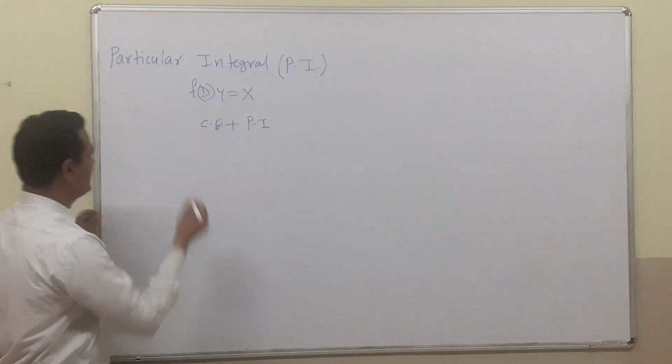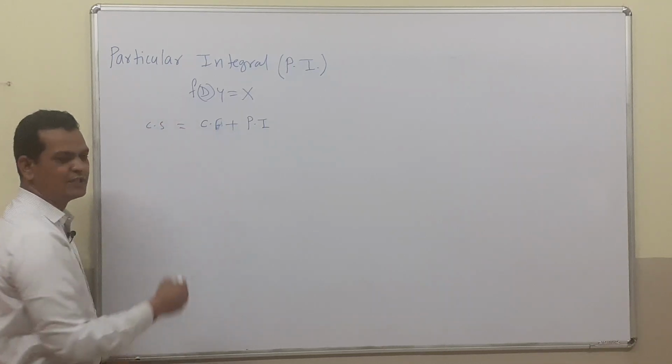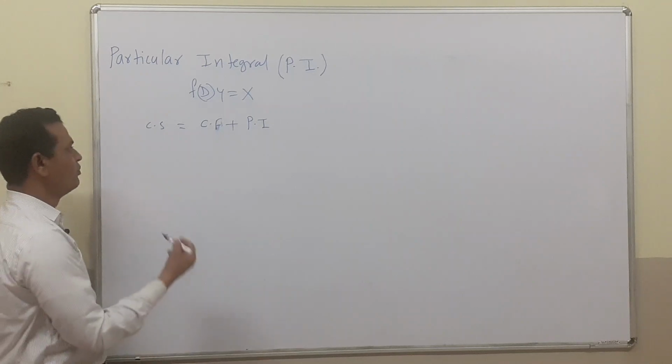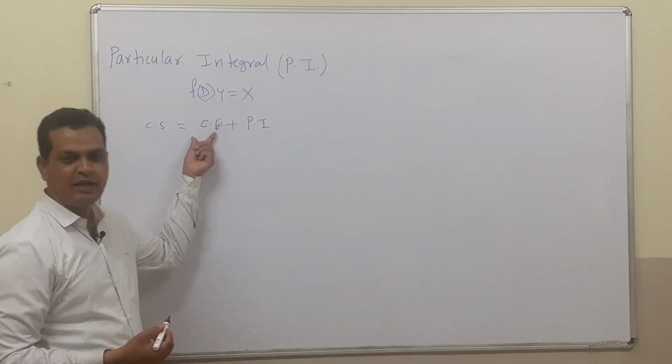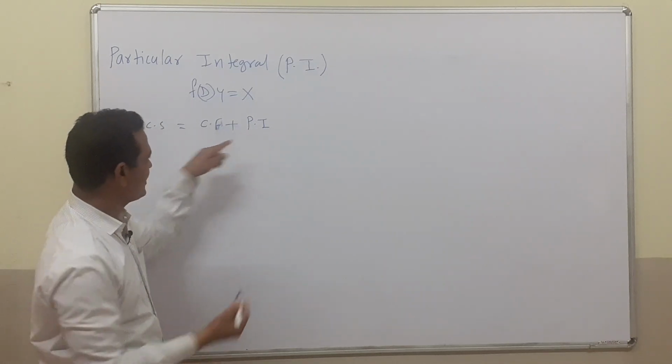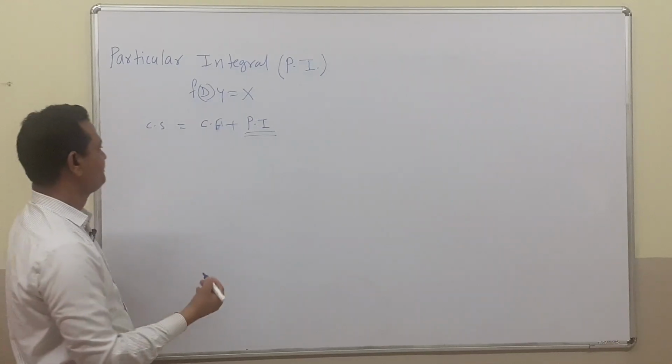So the complete solution of this equation is the sum of complementary function and particular integral. In the previous lecture we already learned how to find the value of complementary function. Now in this lecture we are learning how to find the value of particular integral.